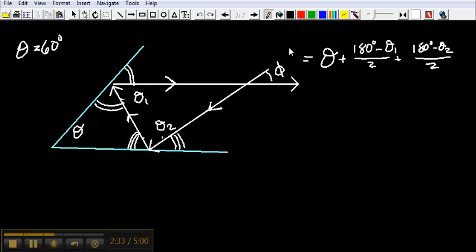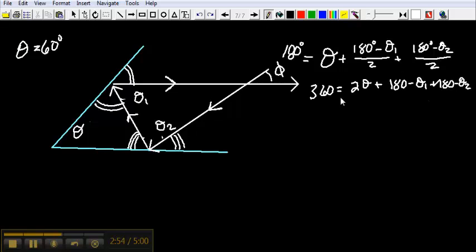Okay, and all of that together is the inside of the triangle, and that's 180 degrees. Okay, so if I multiply everything by 2, then I get 360 equals 2 theta plus 180 minus theta 1 plus 180 minus theta 2.